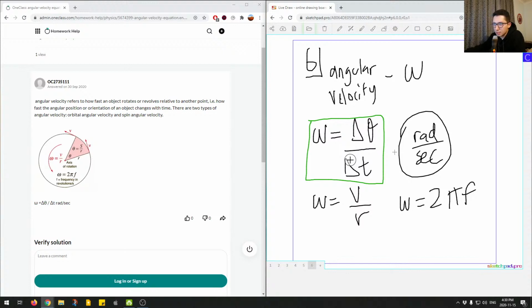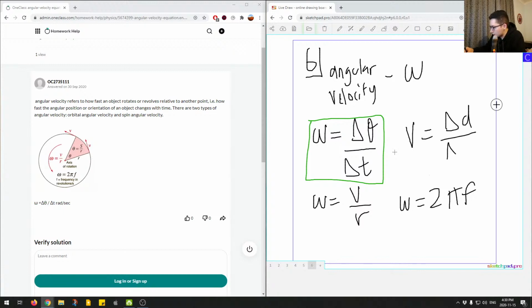That's angular velocity, and that's similar to what linear velocity is, right? So if we look at just linear velocity, we usually represent this by v, so I'll write it down here, v is equal to change in distance over change in time.